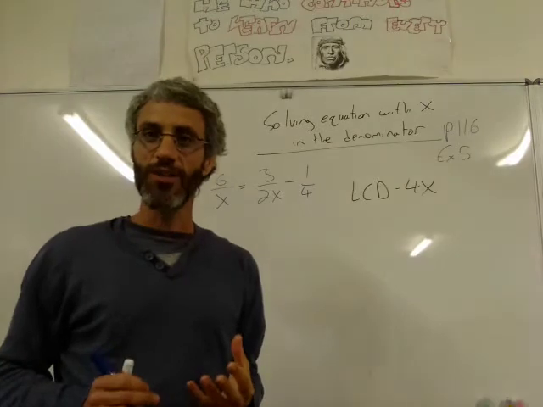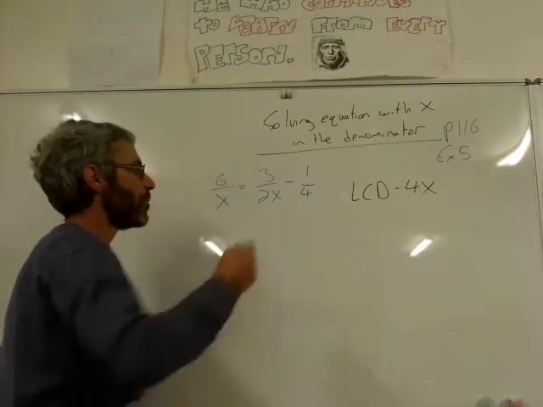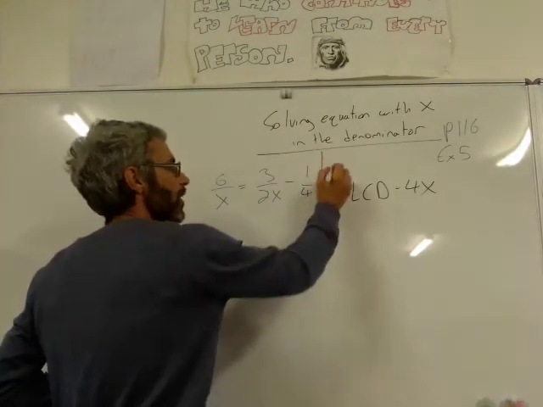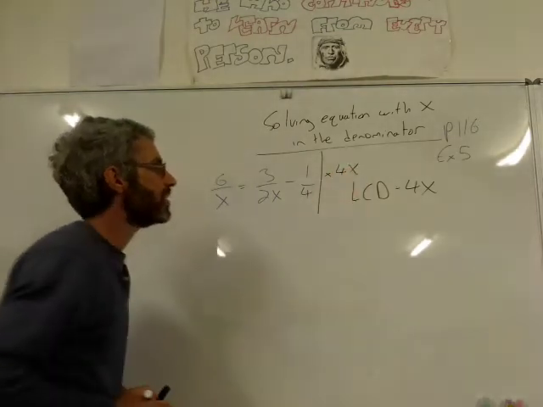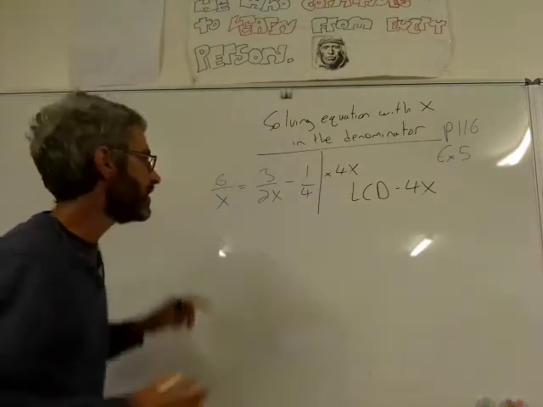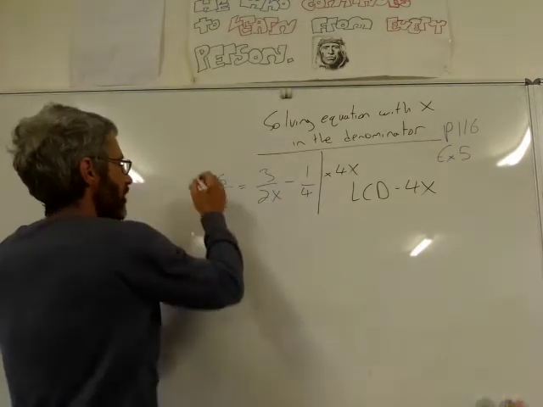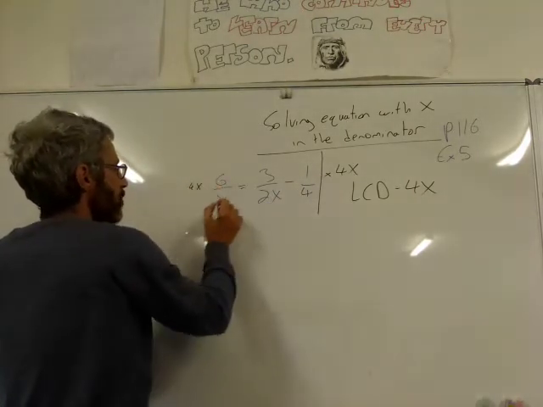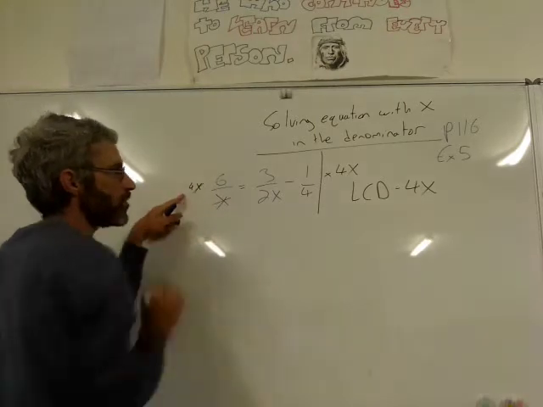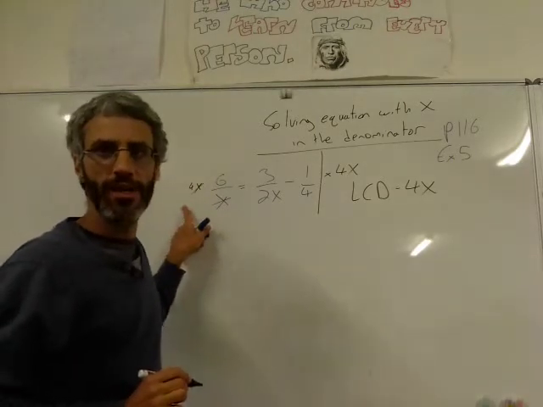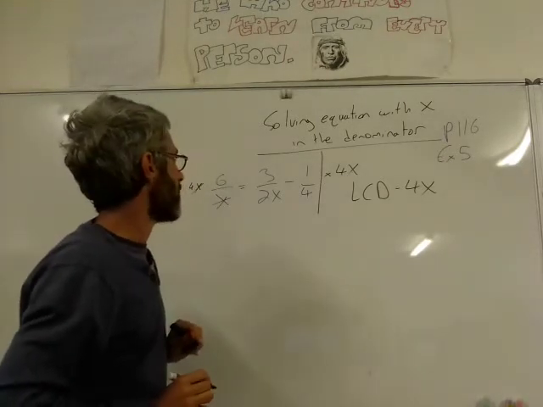Now, once we found the lowest common denominator, we multiply the whole equation by 4x. If I multiply 6 over x by 4x, the x will cancel, and I'm just going to multiply the 6 by 4.